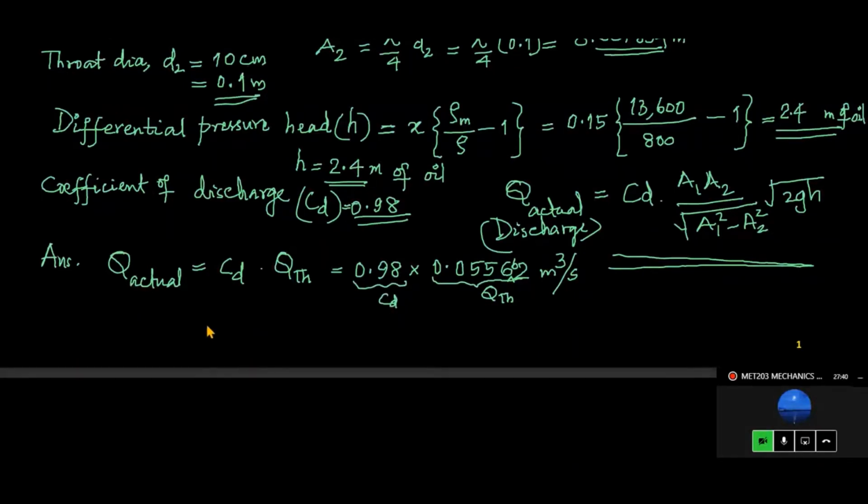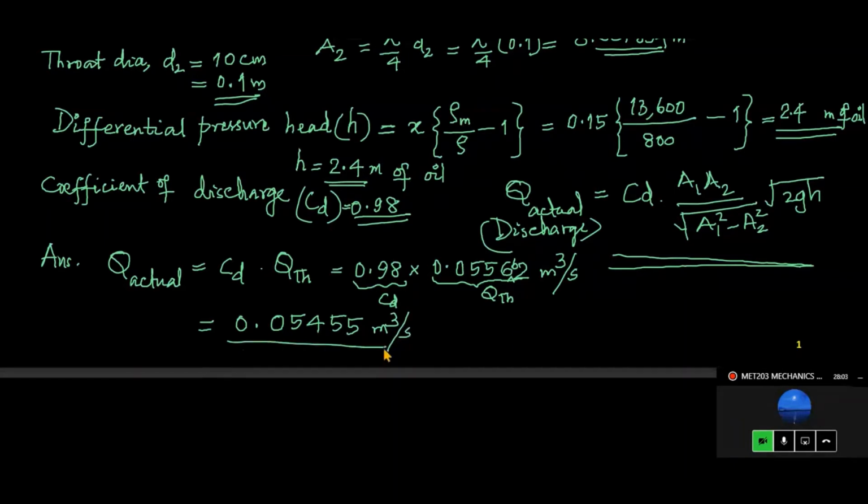When you multiply these together, Q actual will be less than Q theoretical. Final answer: 0.05455 meter cube per second.